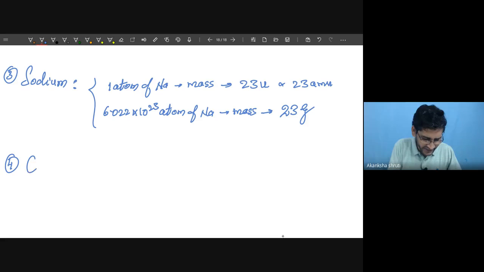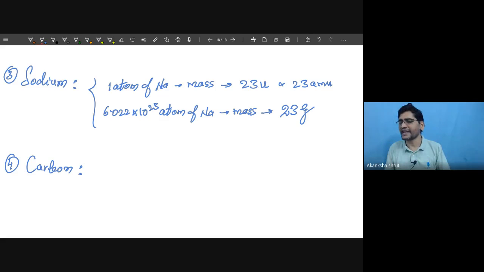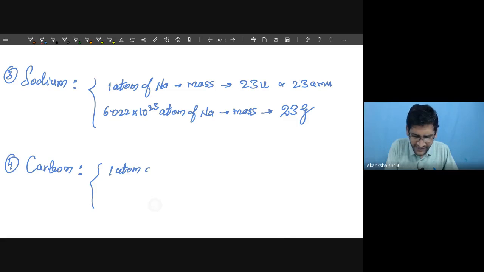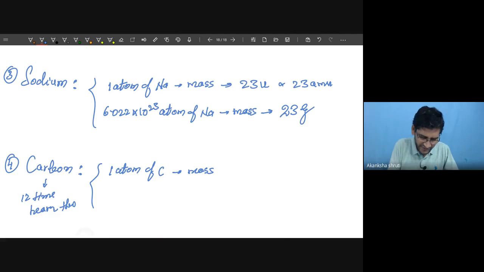If we are considering carbon, then it is found that this carbon is 12 times heavier than hydrogen. So if we are taking one atom of carbon, what will be its mass? It is 12 times heavier than hydrogen.